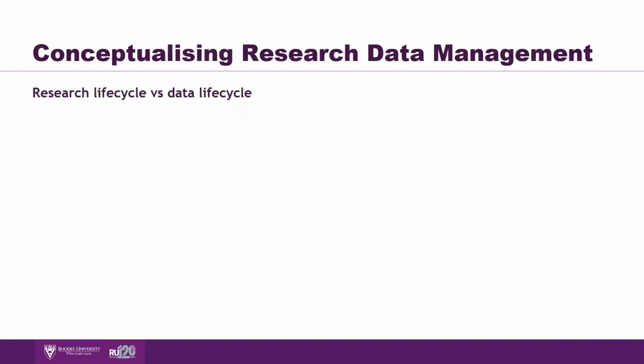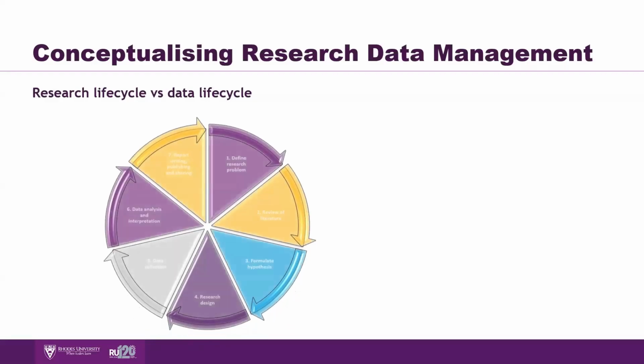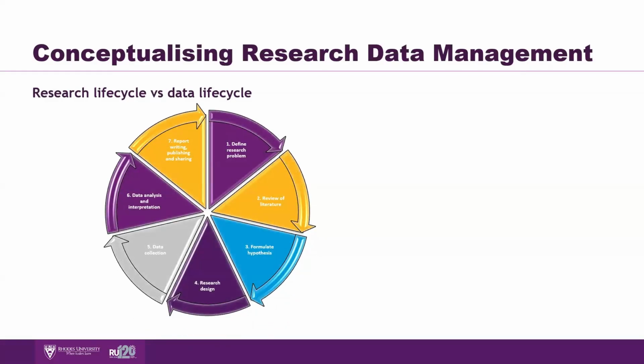So in this case, we'll conceptualize research data management in terms of the life cycles. First and foremost, what you should understand is that the research data management life cycle is actually a byproduct of the general research life cycle. So you can view these as two sides of a coin. Generally speaking, when people conduct research, they'll work through the research life cycle.